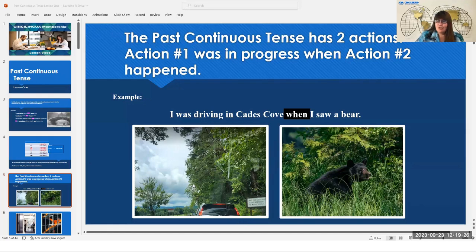Everything is normal. And then suddenly I see the bear. I was driving in Cades Cove when I saw a bear. So I have when highlighted so you can see how we use it in the past continuous tense sentences. Was driving is action number 1. Saw is action number 2.